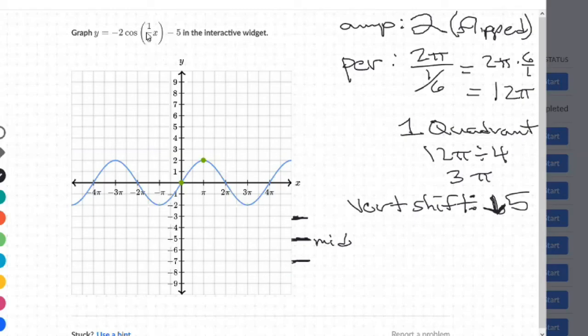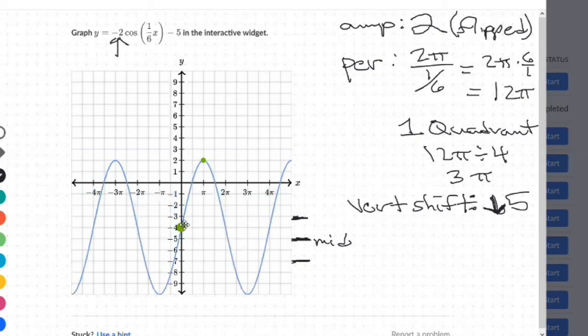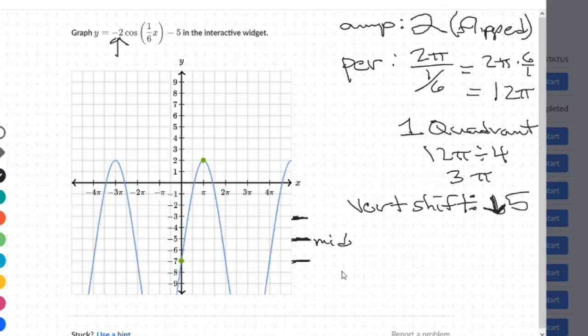And then I know that 1 quadrant worth, which this is actually 1 quadrant worth right here, as it climbs up to the top, that's 1 quadrant. But cosine starts at its highest point, except in this graph, it's been flipped. So it starts at its lowest point. So I'll go down here. There's its lowest point. It'll go back to the midline.